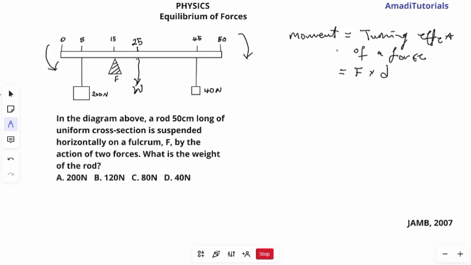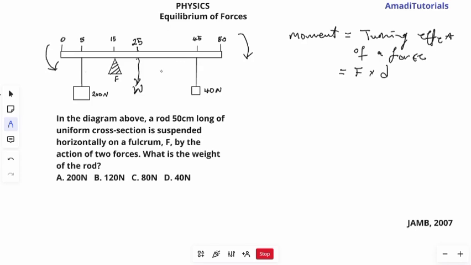So when we calculate moment, we are measuring to what extent a force can tilt a rod or a body to either side. The principle is applied in civil engineering with respect to loads, columns and so on, but here we are just learning preliminary knowledge of equilibrium.